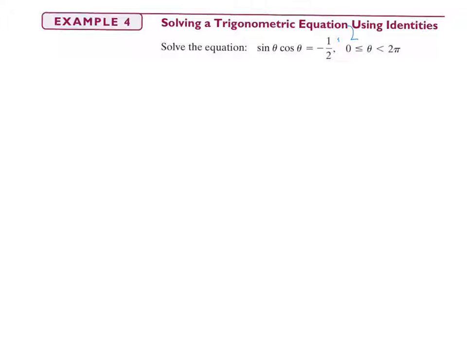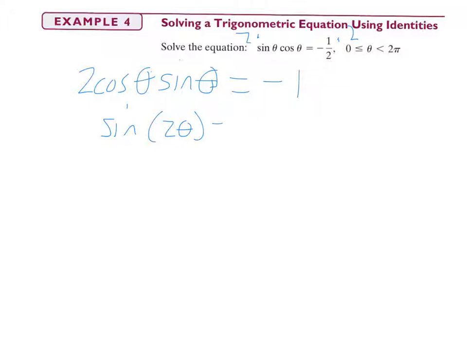If we multiply it by 2, we have 2 cosine of theta times sine of theta, it doesn't matter in which order you multiply them, is equal to negative 1. Now we know 2 times sine times cosine is sine of 2 theta, so we could rewrite it as sine of 2 theta is equal to negative 1.